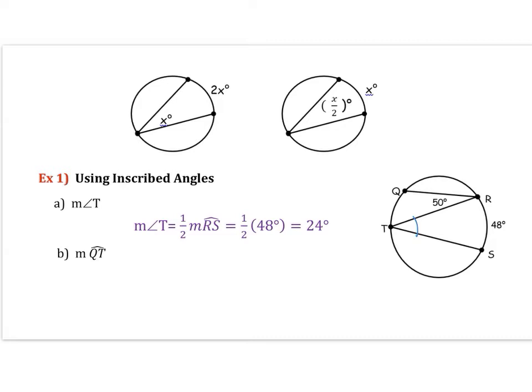Now let's take a look at the measure of arc QT. Now the measure of arc QT is the intercepted arc. QT is the intercepted arc of inscribed angle R, which is measuring at 50 degrees. So if we double that, we get a measure of 100 degrees.